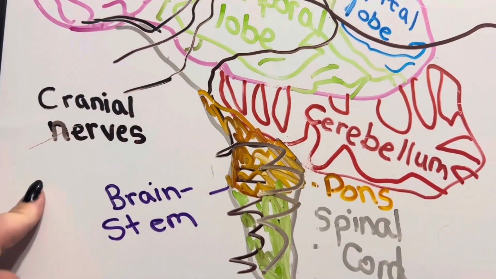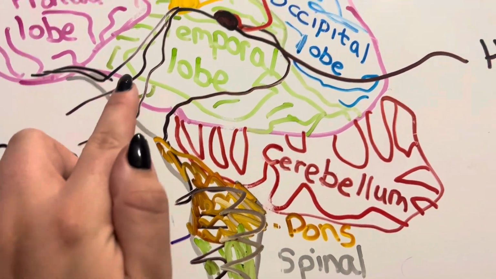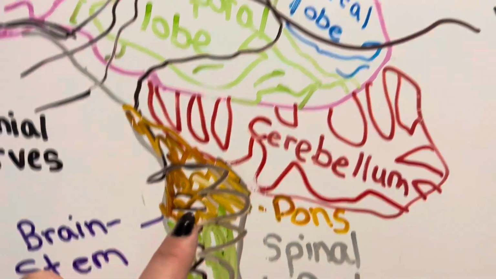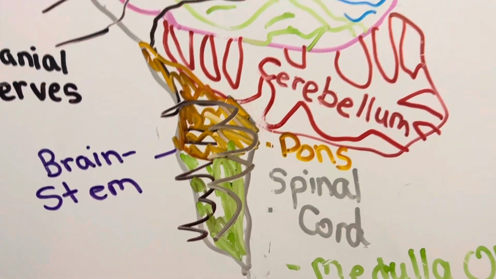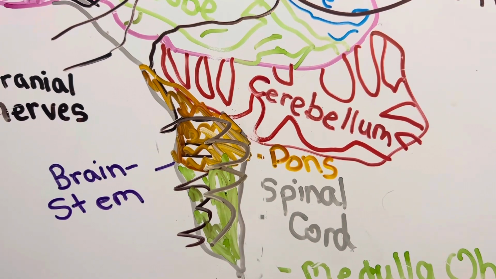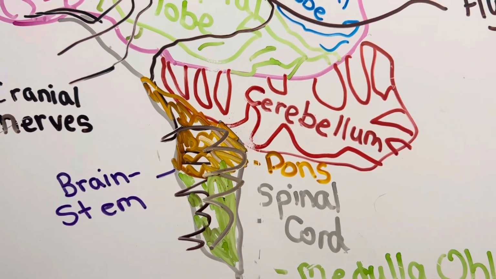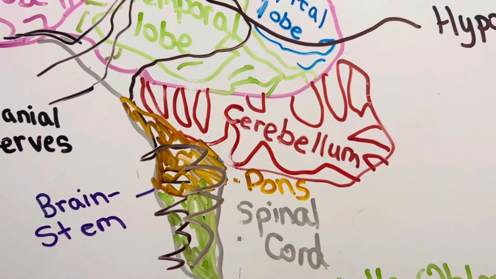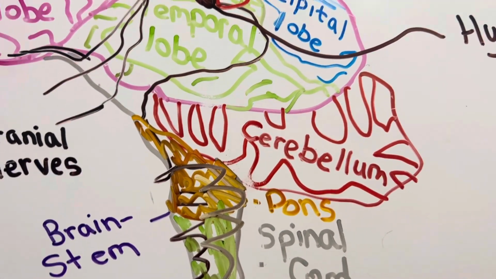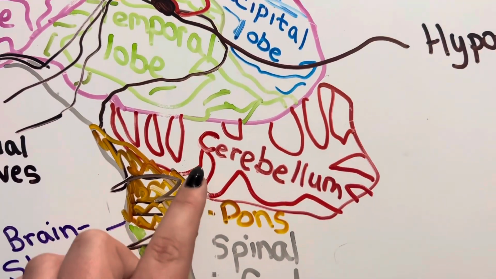Moving down here, we have the cranial nerves. There are 12 pairs of cranial nerves going all the way, carrying information from your senses and from the brain and body. Up next, we have the cerebellum.